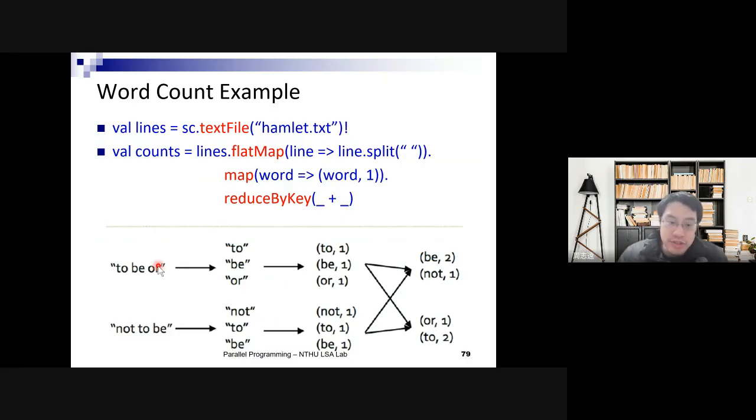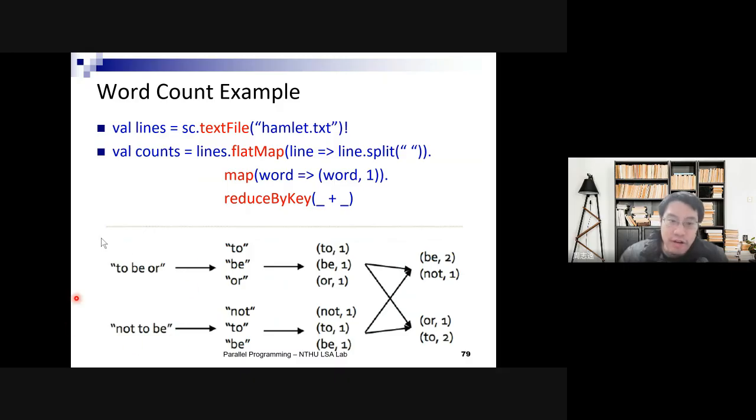Because as you can see, the first line tries to read the files, right? This text file will read the whole file and actually split the file content into a set of lines, okay? And so it becomes this data set.